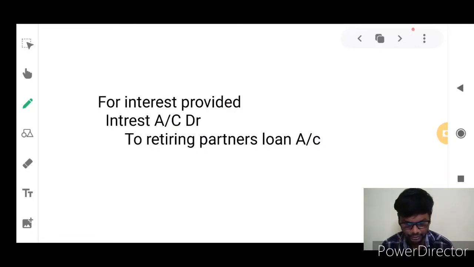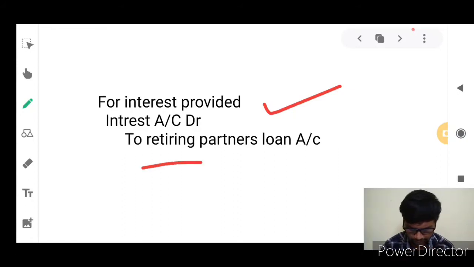And next one, if the firm decided to provide some interest on the loan amount, for interest provided, as I told you already, interest account debtor to retiring partner's loan account, interest on loan. So here itself you can frame the journal entry very easily.